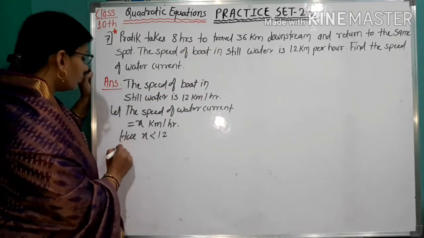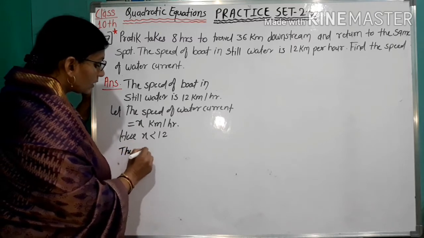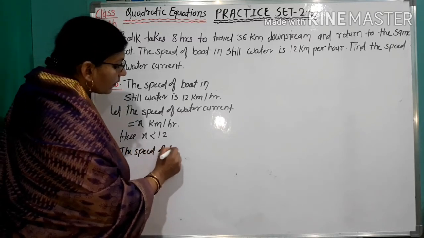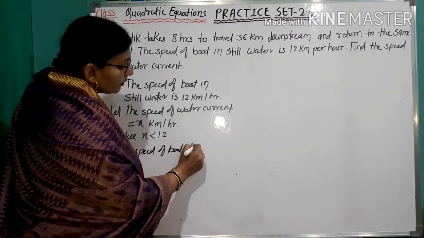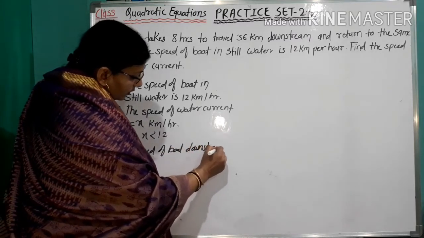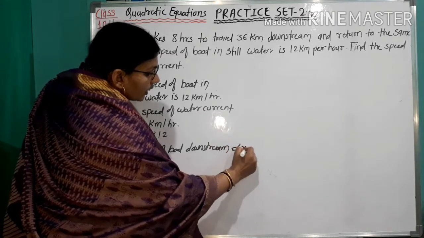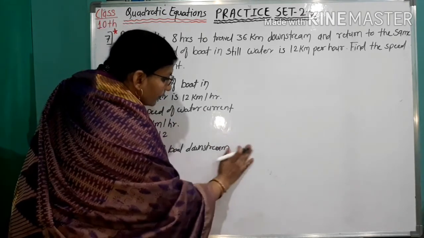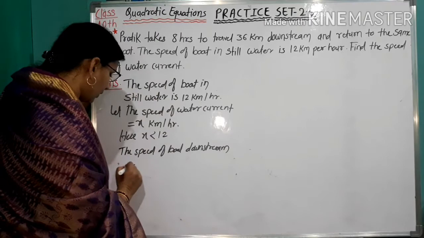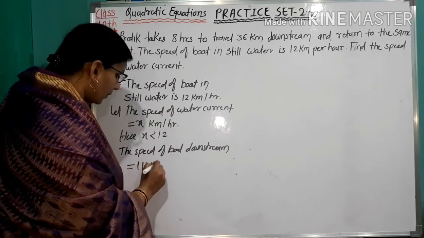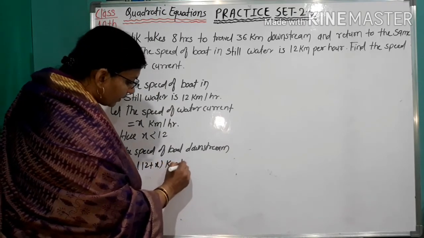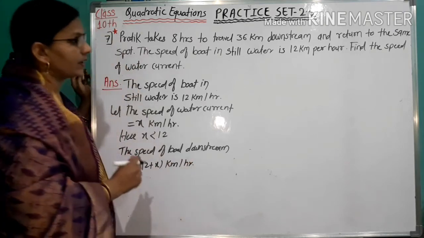First, the speed of boat downstream equal to x plus 12 or 12 plus x km per hour.